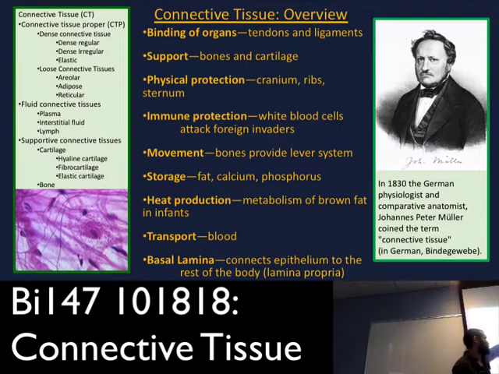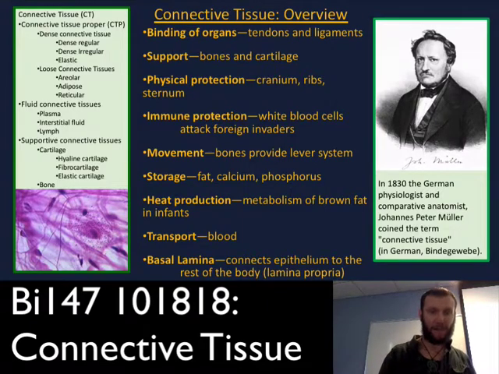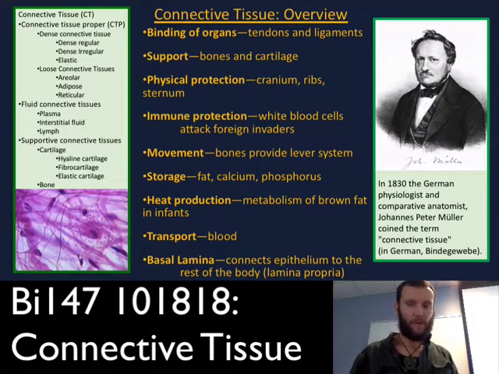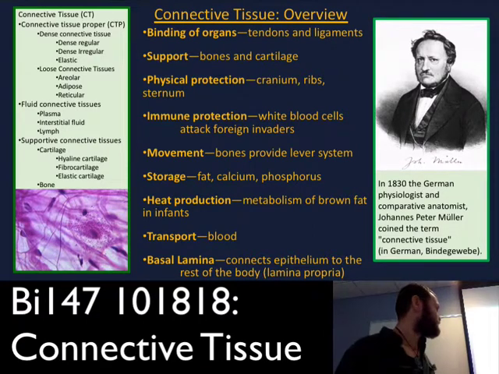The fluid connective tissue is part of our immune system. Obviously, the bones provide a lever system for movement. Fat can act as a storage place for lipids. The bones can store calcium and phosphorus.